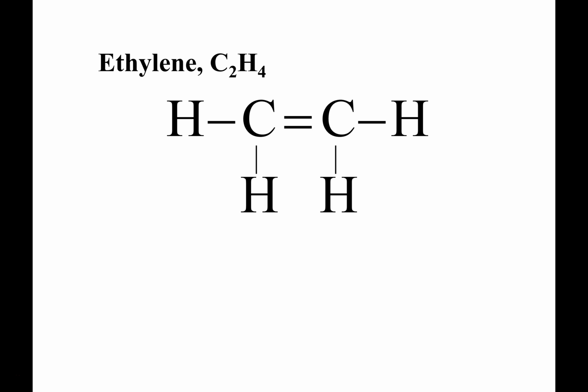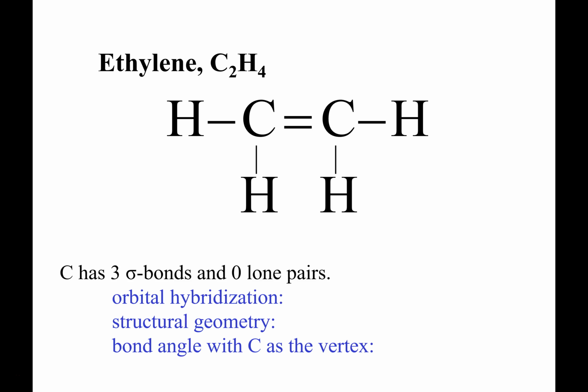So that's how that works. I don't have a whole lot to add. Either one of these carbons: what sort of orbital hybridization has the carbon? Like an sp2, yep. Structure geometry, trigonal planar, bond angle 120.